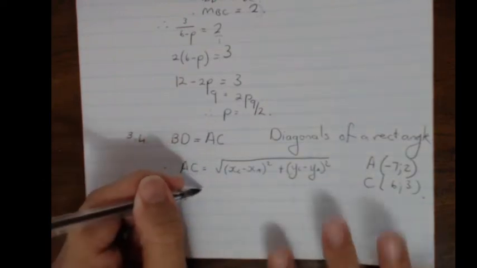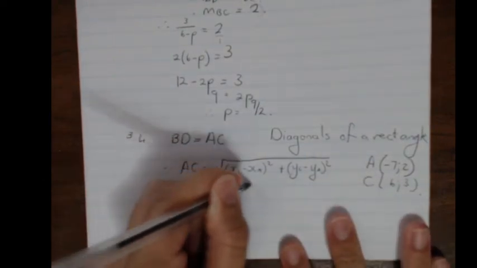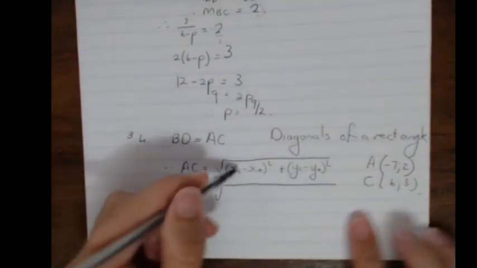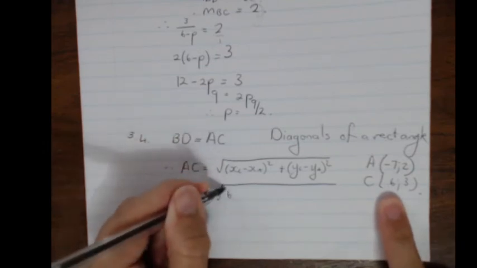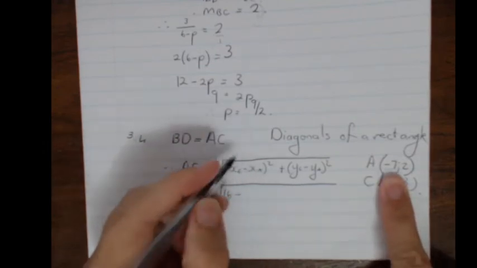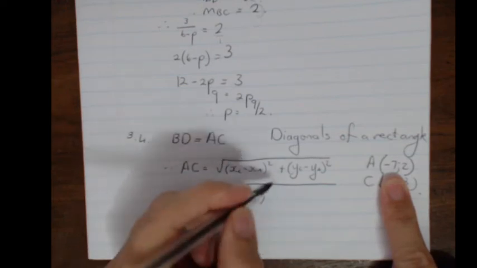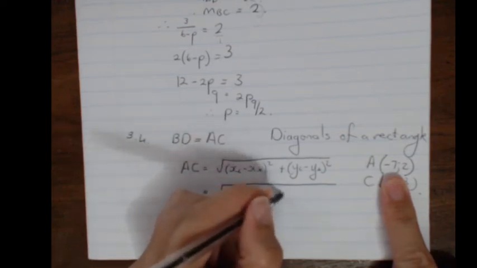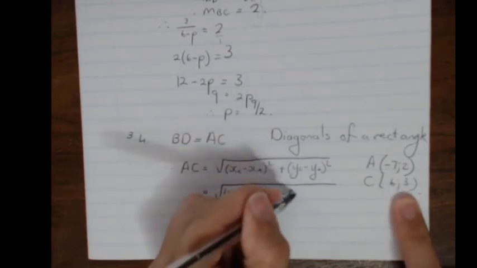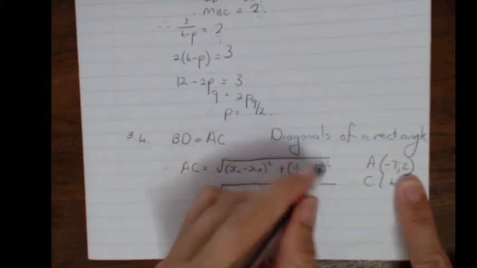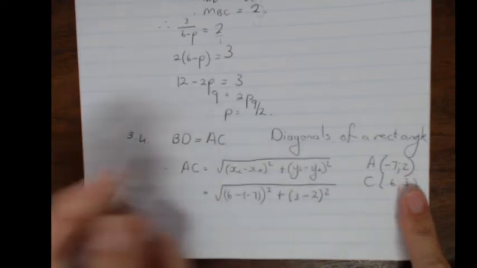The x value at C is 6 minus the x value at A, which is -7, so this becomes +7, squared, plus the y value at C, 3 minus the y value at A, which is 2, squared.